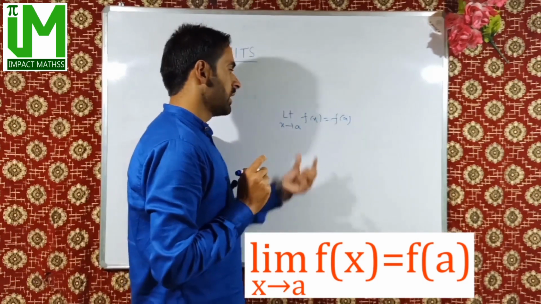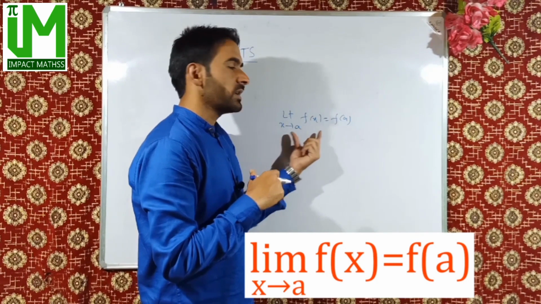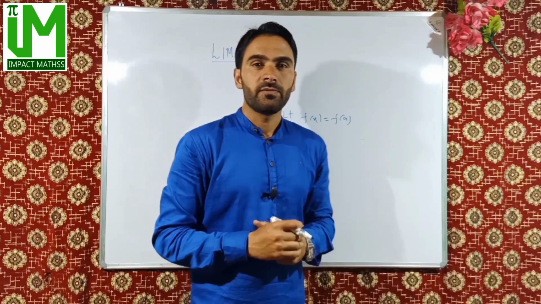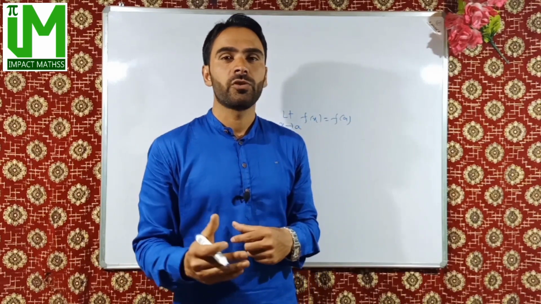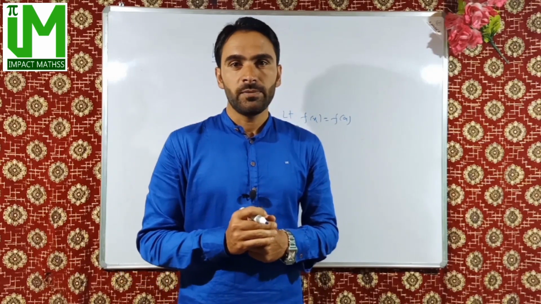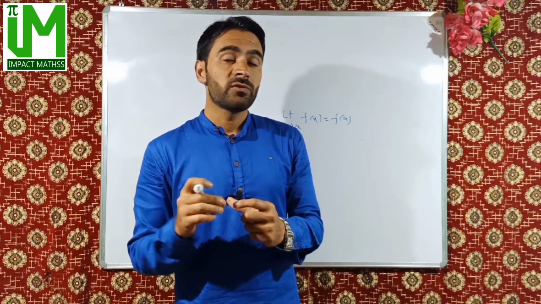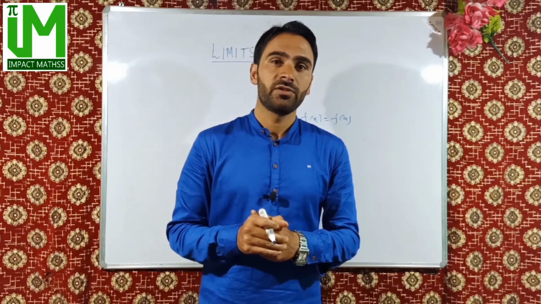Number first, left hand side में जो limit है ये exist करता हो, and number second, it equals f(a). And if f(x) is a function which has breaks in its graph at a supposed point a, then at that very point we compute the left hand limit and right hand limit, and if that also equals the value of the function at that point, then the limit of the function is defined.